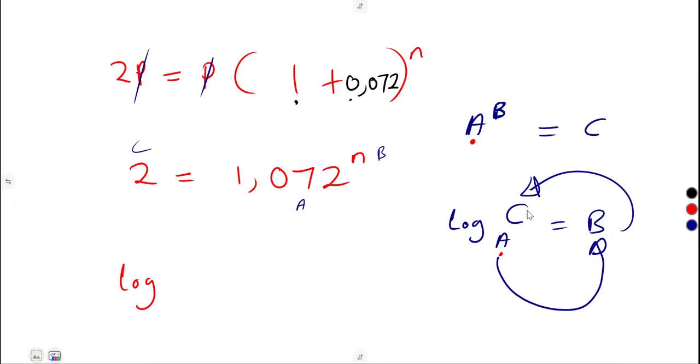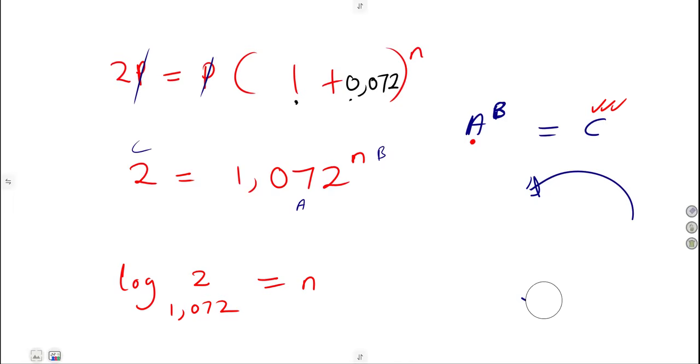What is our c there? C is the answer that we're given there. So it's log 2 in the base of a, which is not changing. 1,072 is equal to b. What is our b? Our b is representing n. So we can see that we have got our n there, which is log 2 in that base.